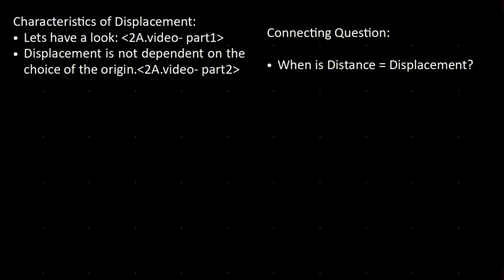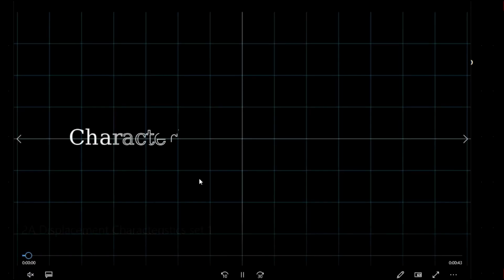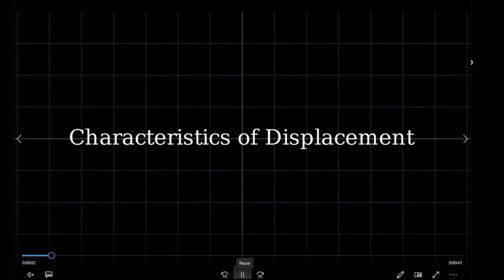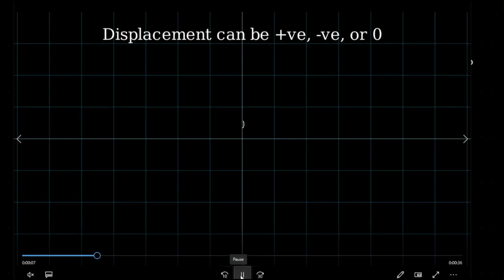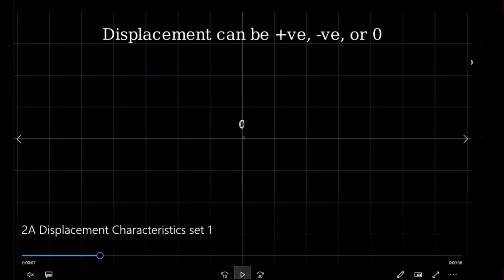Characteristics, let me show the points again. Displacement can be positive, negative, or 0.